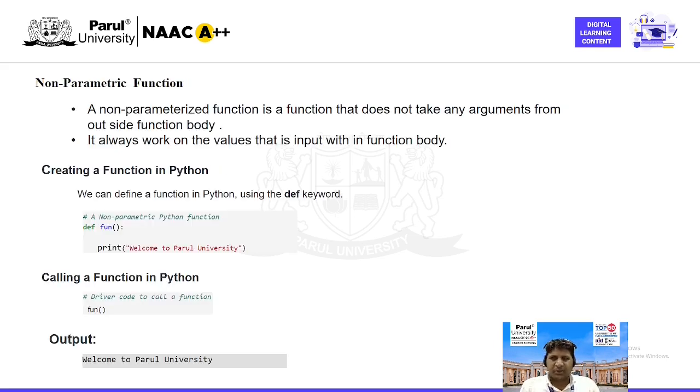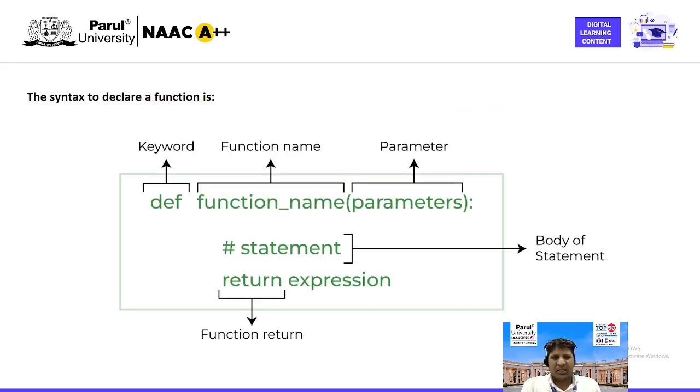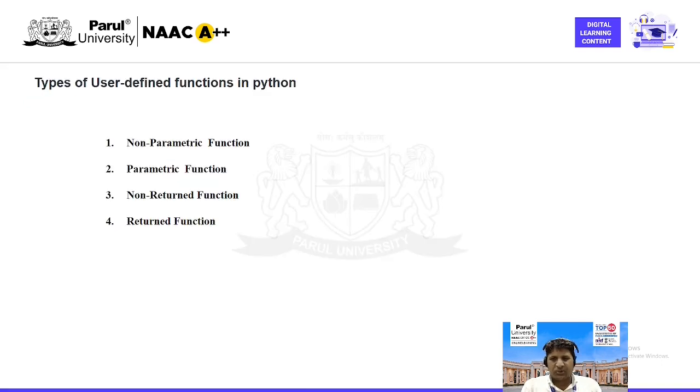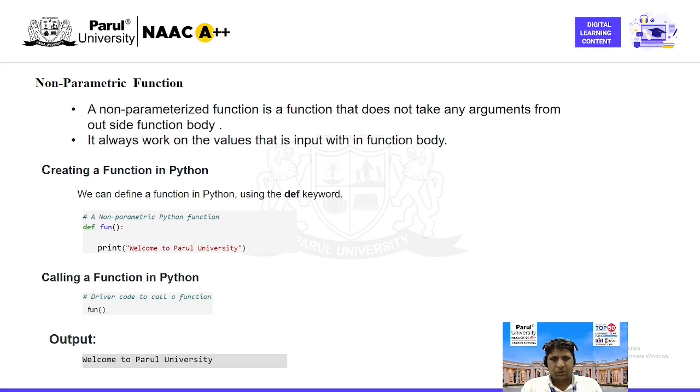Non-parameterized function. We already mentioned the function body here. The body of statements is known as the function body. If you do not pass a parameter or argument from outside the body, it is a non-parameterized function, a function that does not take any argument from outside the function body.